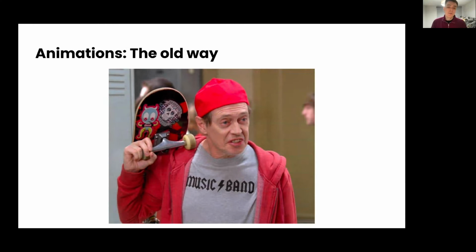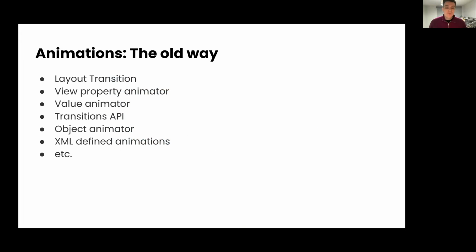Now let's remember animations on regular views and discuss what's wrong with them. So first of all, there are many ways to run animations in the view system, right? And all these ways often conflict with each other, and it's not always clear which method is the best to use.